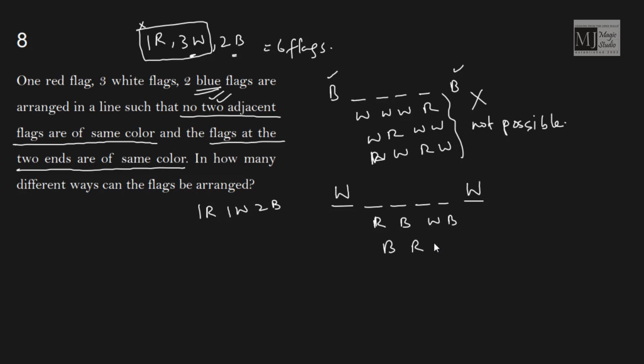Then B, R, W, B is possible. B, W, R, B is possible. And I don't think any more cases are possible. I can't start with W here.